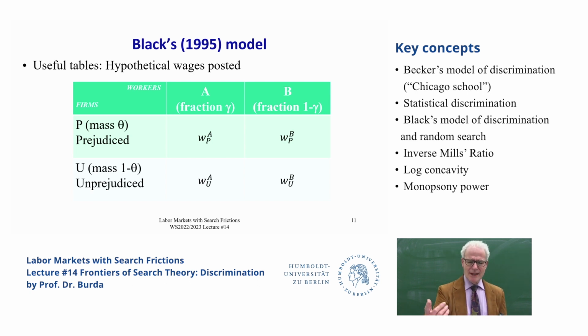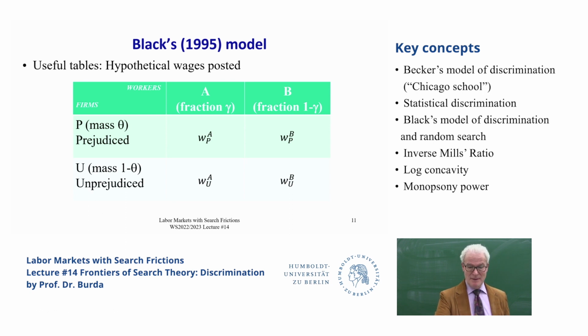So potentially, in a wage posting model, you could imagine firms, and this is why the model is attractive, because you don't have to do all the hard maximization and proof that the equilibrium exists, and you might have some mixed equilibrium. Basically, these prejudiced firms will never hire a B worker. That's just the way it's cooked.